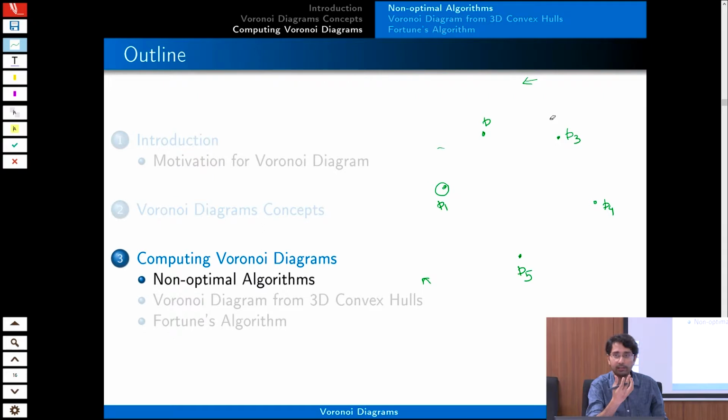Suppose I take a circle which is passing through 3 points and is empty. Does it create a Voronoi vertex? I found a circle passing through 3 points and which is empty. Empty means it does not contain any other site points inside.